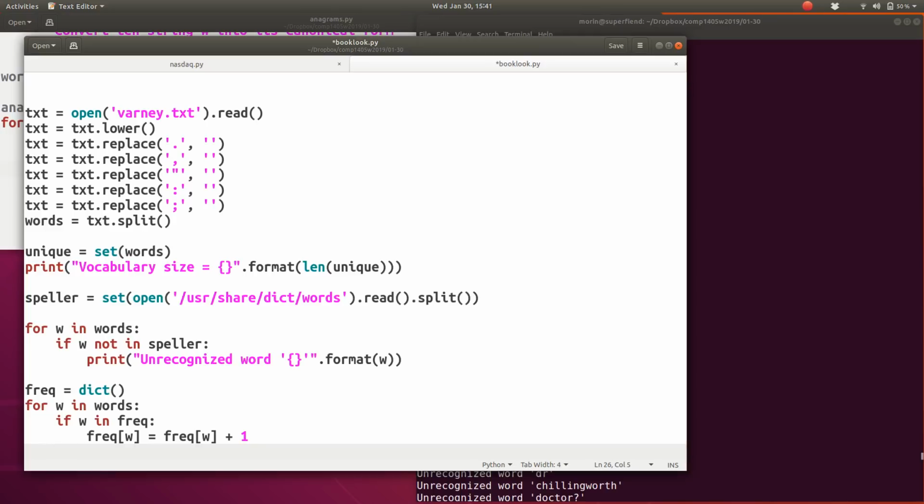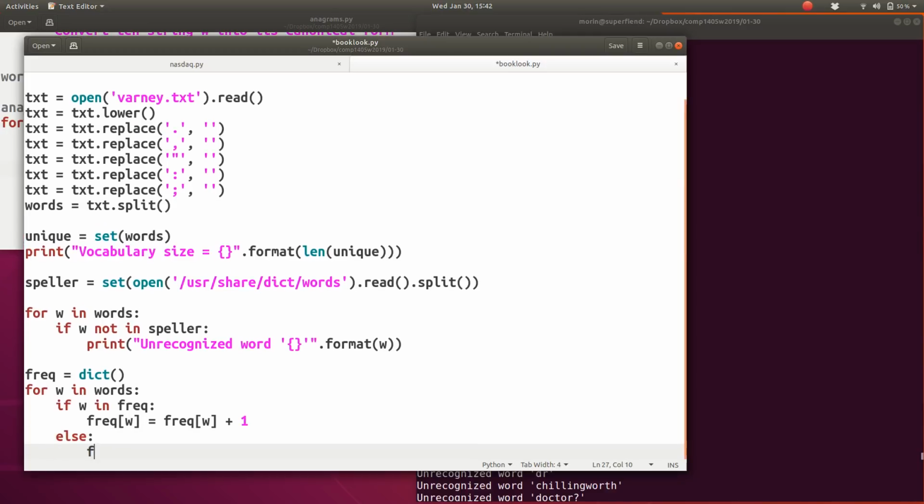So I've got this dictionary called freq where keys are words, and each key maps to a counter that tells you how many times you've seen it so far. So if I see a word again, then I go and increment that counter. And otherwise, if I've never seen this word before, then its counter should be created, it should be added to this thing, with a counter of 1, because I've seen it exactly 1 time so far.